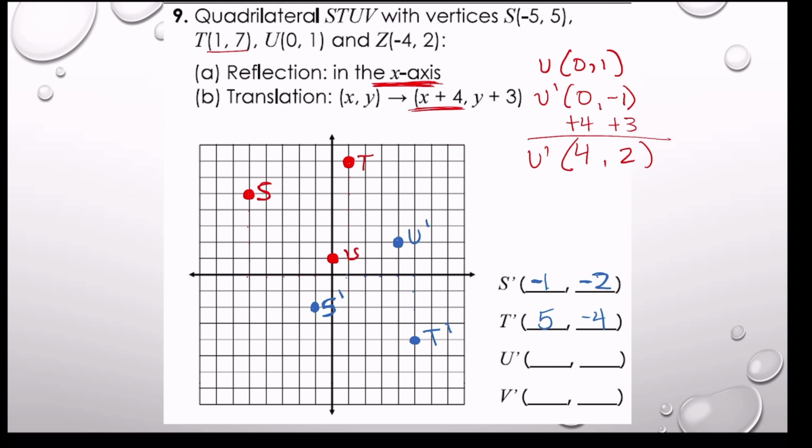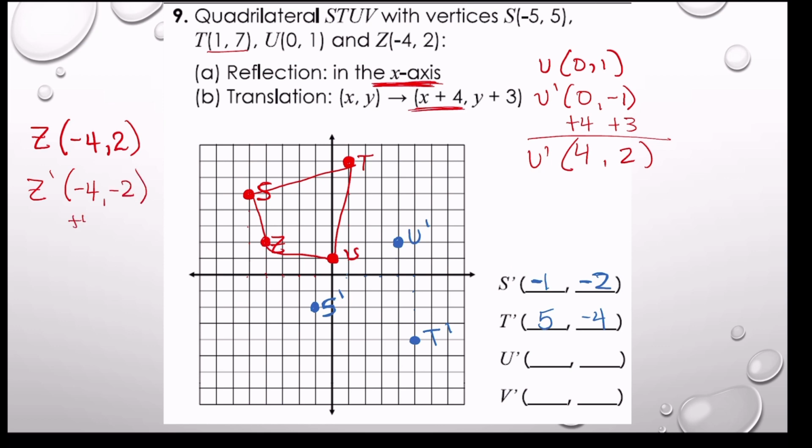Okay, let's go do z. Z right now is -4, 2. So let's put z. 1, 2, 3, 4. 1, 2. So here is my z, which completes my quadrilateral. Remember, all we know is it's a 4-sided shape. If I reflect it first, my x stays, my y changes.